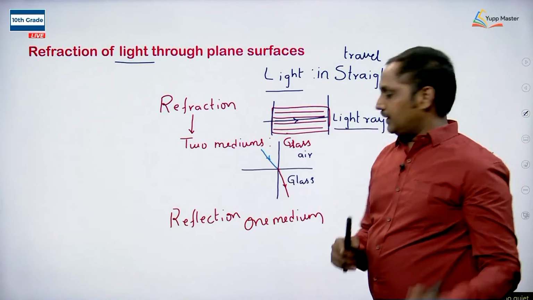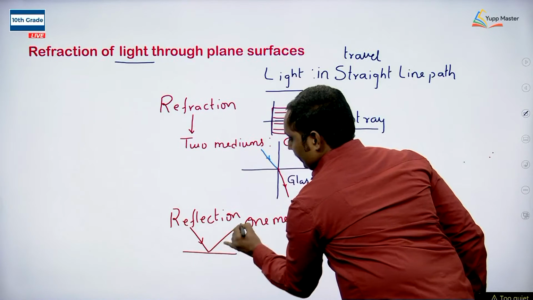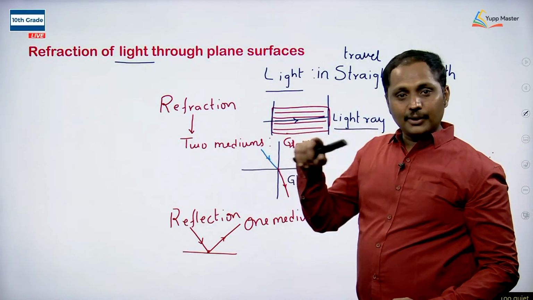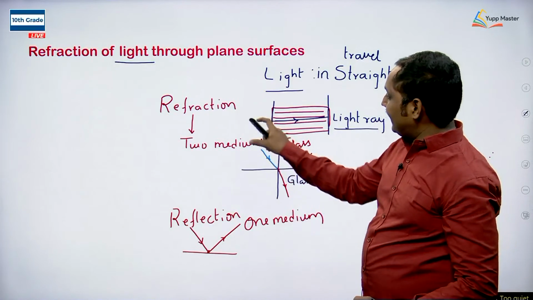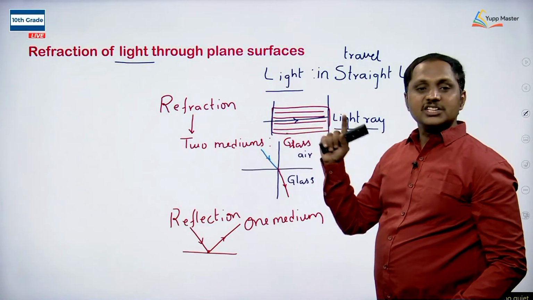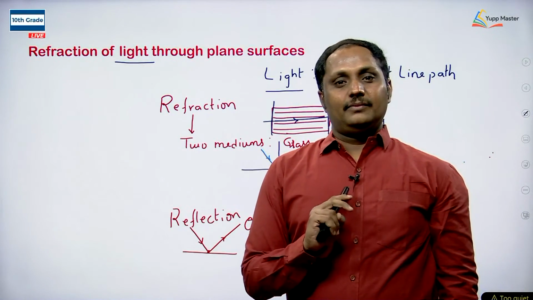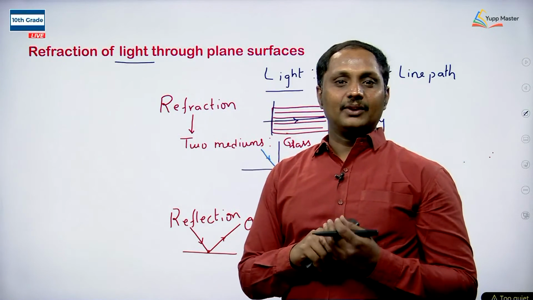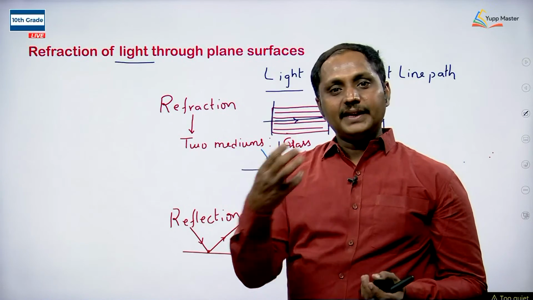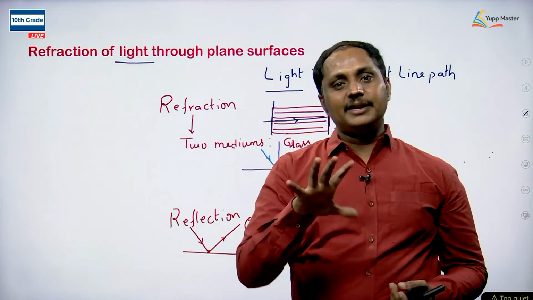Suppose you have incident light rays, there the reflection takes place. The light rays are reflected from the surface, but refraction is related to two media. So refraction is the phenomenon which is related to two mediums. You can take one as the rarer medium and the other as the denser medium. Suppose the density of one medium is low and the density of the other is high.